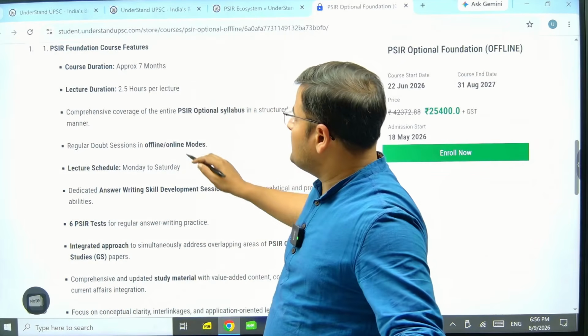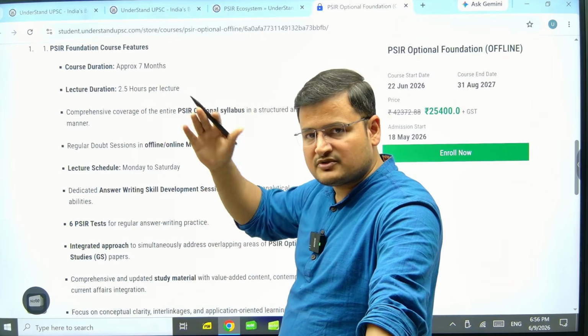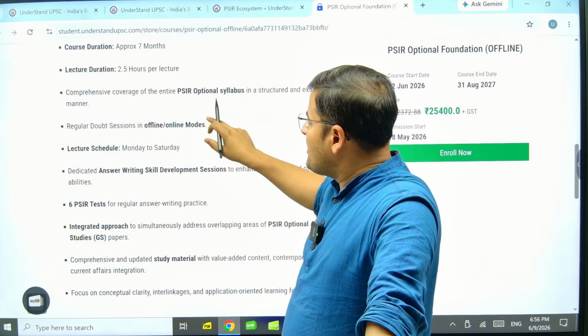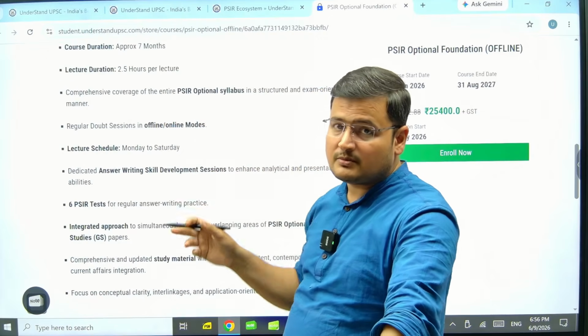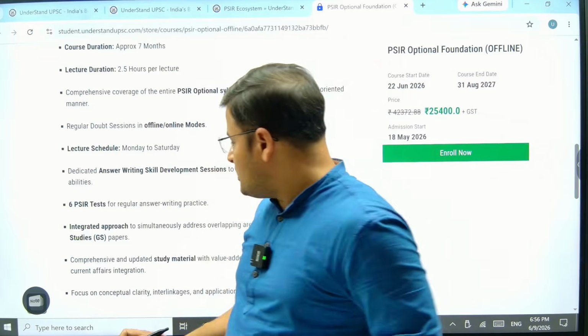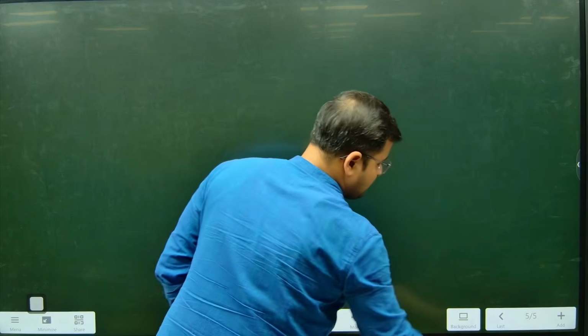Then the lecture duration will be 2.5 hours, that means 5 to 7:30 p.m. We are going to comprehensively cover the PSIR optional syllabus, and we are going to give equal focus on both sections.